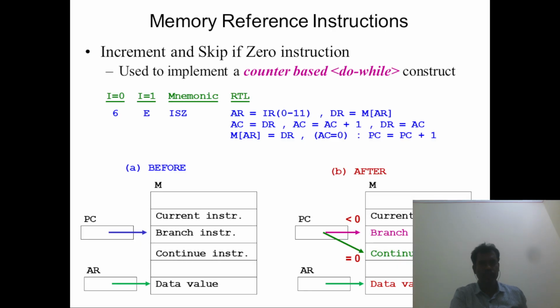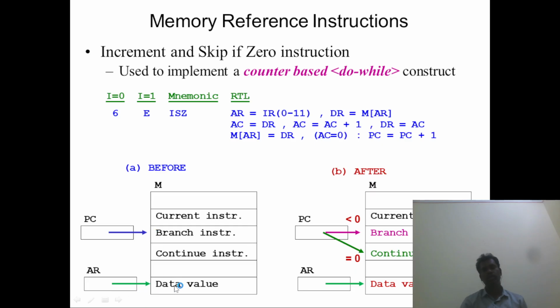And the skip if zero instruction. It is very simple: it will increment the accumulator, and if the accumulator is 0, then it will increment the PC. So this is very simple. The current instruction, this branch instruction, the PC will be stored with this branch instruction. This has to go to some other instruction.